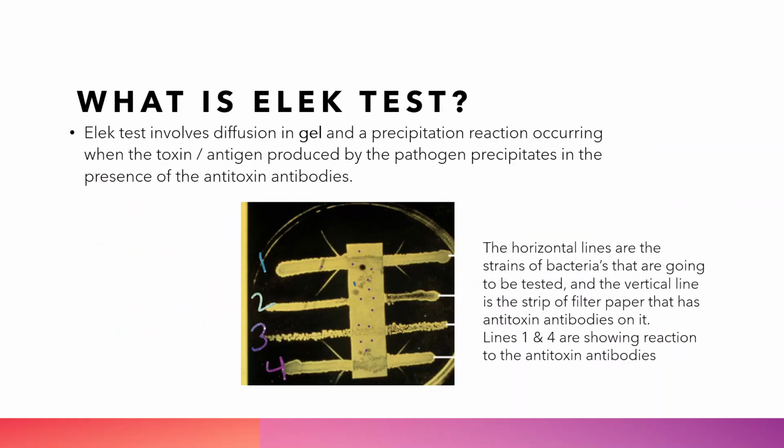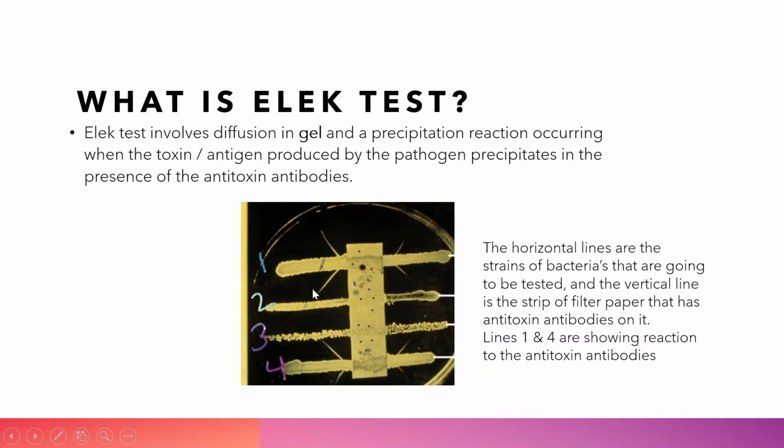The Elek test involves diffusion in gel and a precipitation reaction that occurs when the toxin or antigen produced by the pathogen starts to precipitate in the presence of the antitoxin antibodies. Like I said, the Elek test is a gel test. If we look at this image, I have numbered 1, 2, 3, and 4.